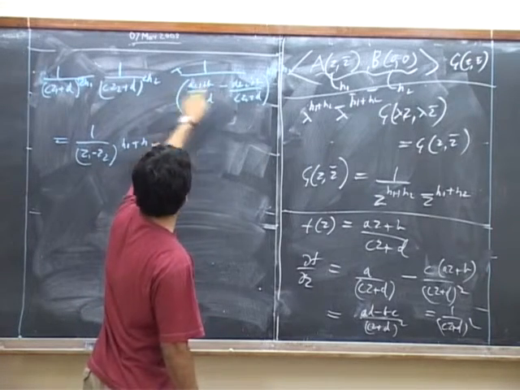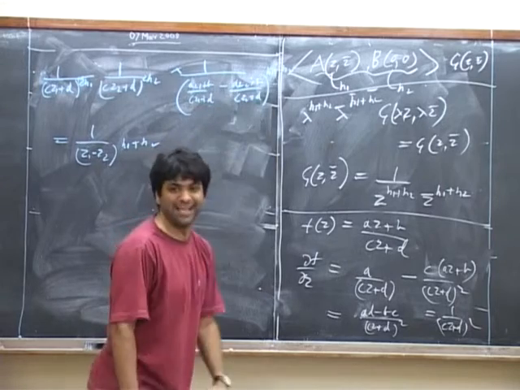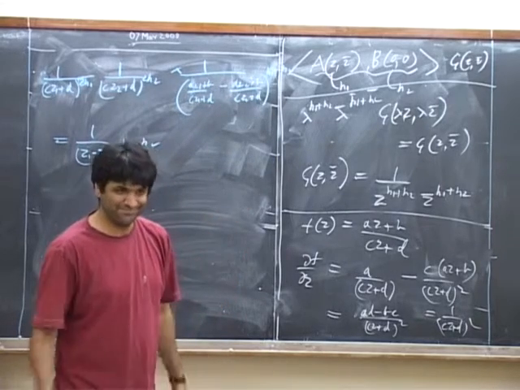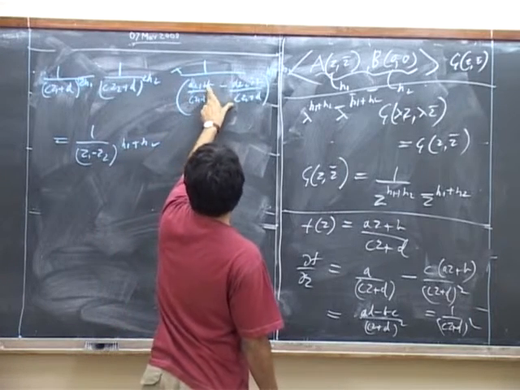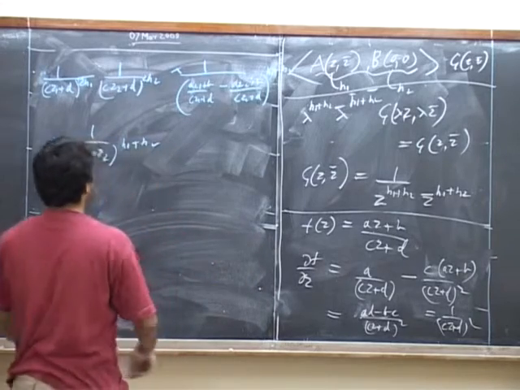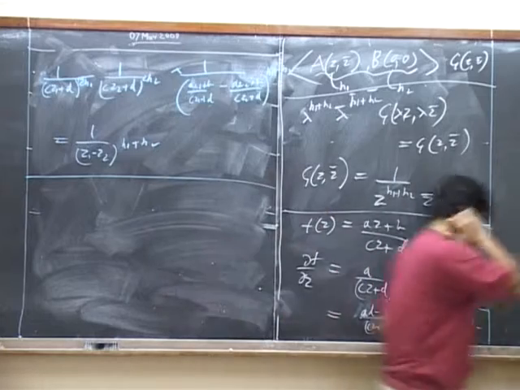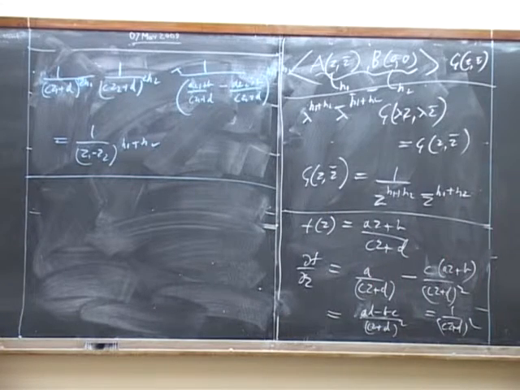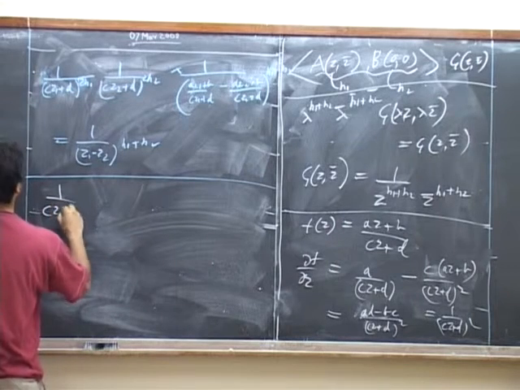From here we get AD and from here we get BC with the minus sign. So that's 1. Similarly, what about Z2? From here we get BC, from here we get AD, but with the minus sign, so that's minus 1.